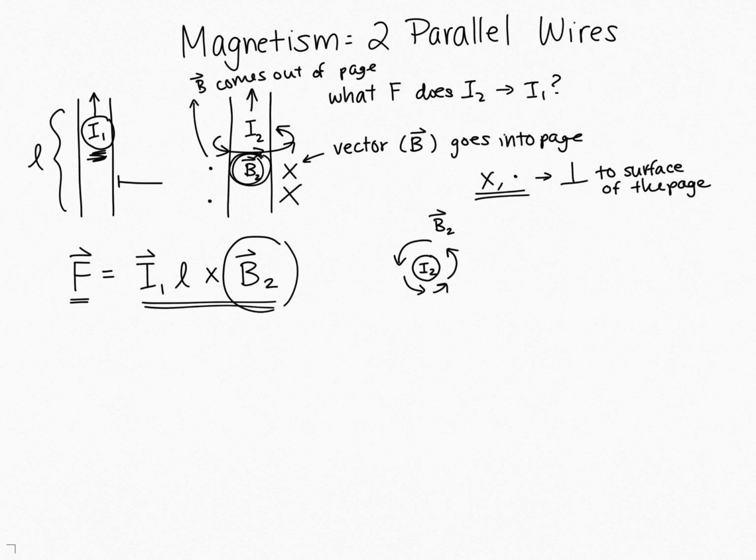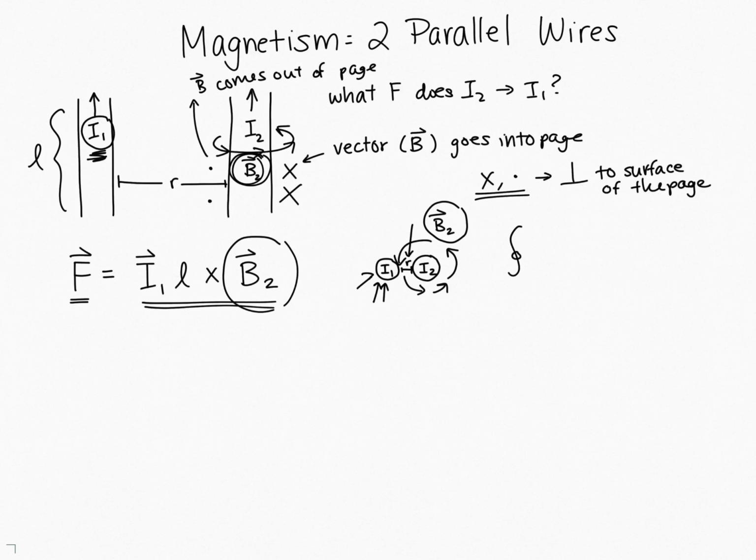If we say that these two wires are some distance r apart, then we choose a circle at distance r from I2, because we want not only an expression for B2, but B2 specifically where it is experienced by wire number 1, which is here.